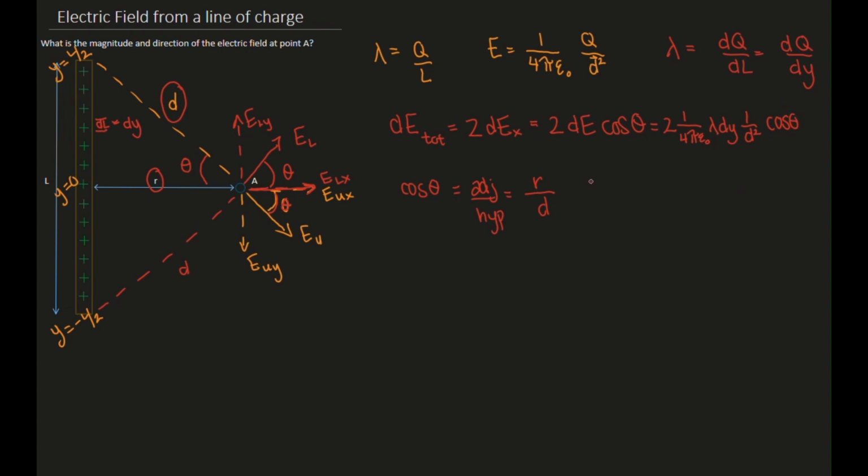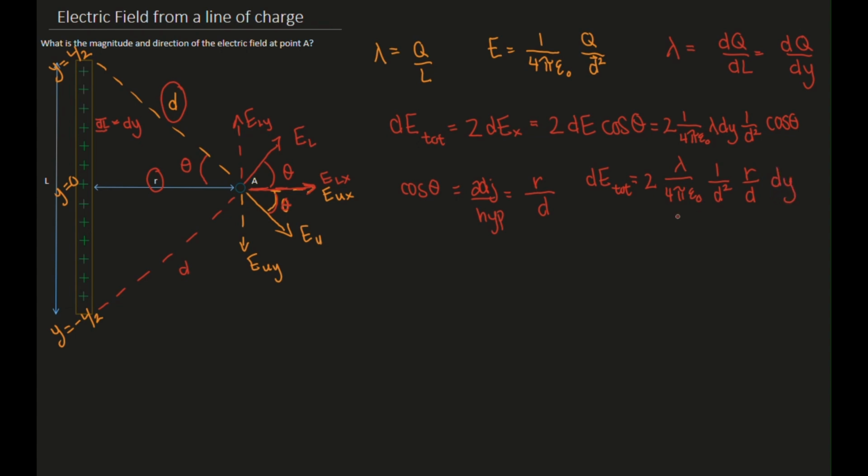So our dE total is equal to 1 over 4 pi epsilon naught. I'm not simplifying those yet. You'll see why later. We can bring that lambda up top because it's also constant. Lambda, we have 1 over d squared, and then instead of writing cosine, we have r over d, and that is dy.